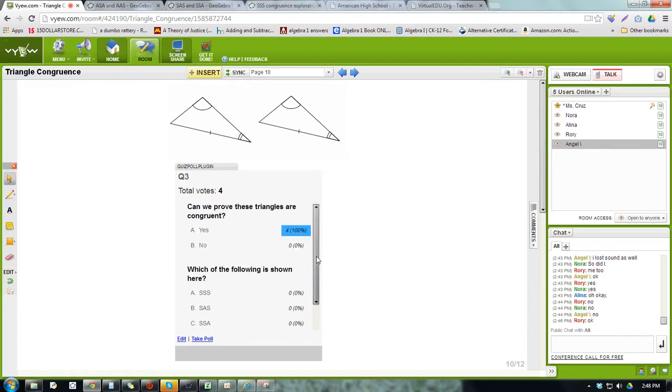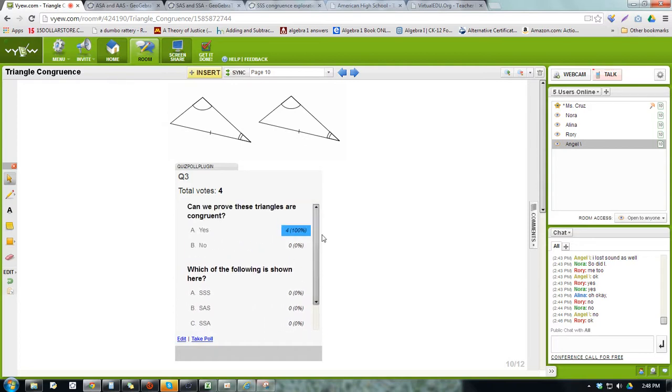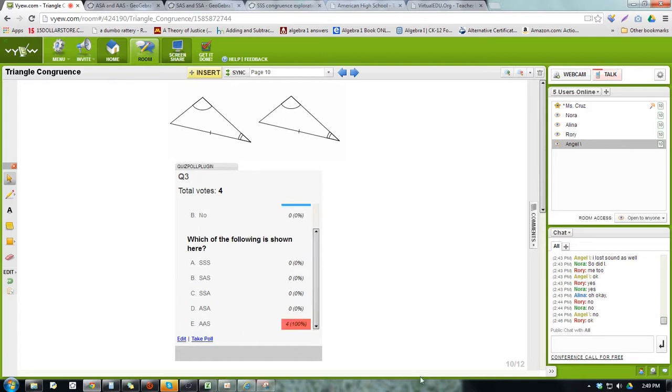All right, we have a perfect 4 for 4 on this one. Everyone got it. Yes, we can prove that these are congruent. And yes, it is AAS because the side is not in between the angles. So it's angle, angle, side. So good. It looks like we're all starting to get the hang of this.